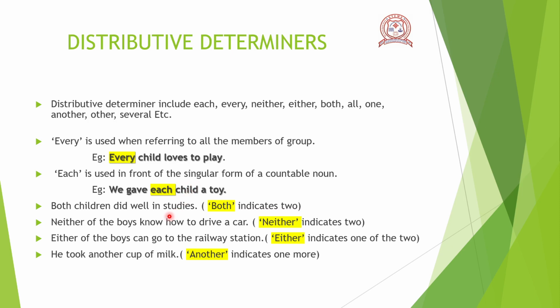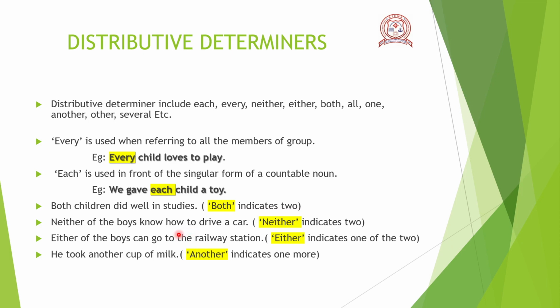Okay. Now coming to next, both children did well in studies. Here, both indicates two. Two people are there in a house, and both the students are very good in studies. The parent will say, both the children did well in studies. Both indicates two. Coming to the next.